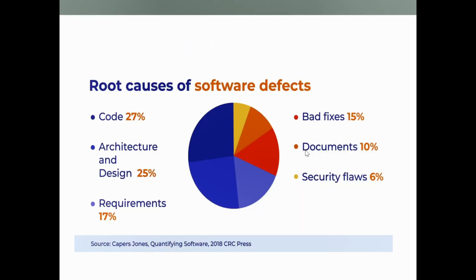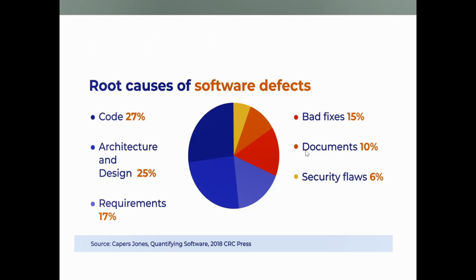Now we see the contribution of each source in software defects. Software code or program will lead to 20% of total software defects. Architecture and design will lead to 25% of total software defects, whereas the requirements may lead to 70% of total software defects.